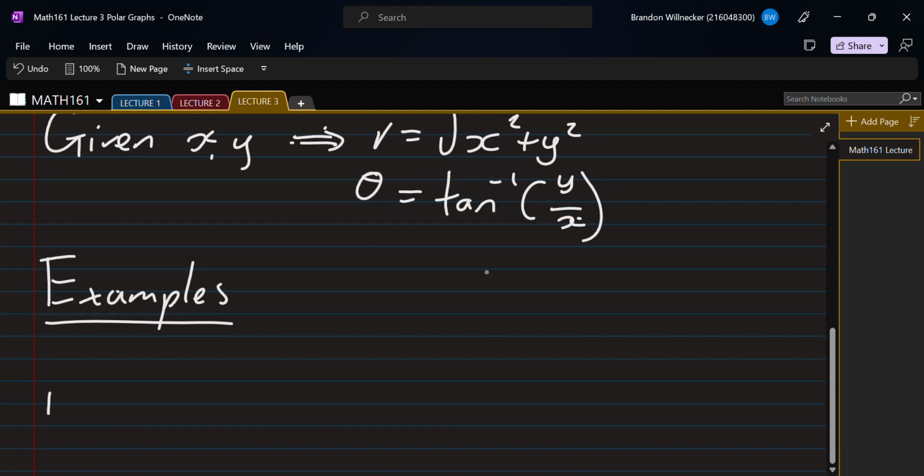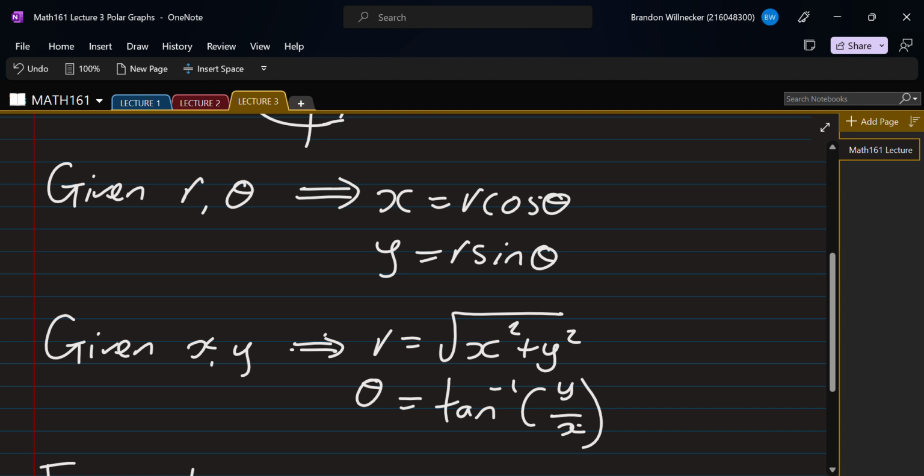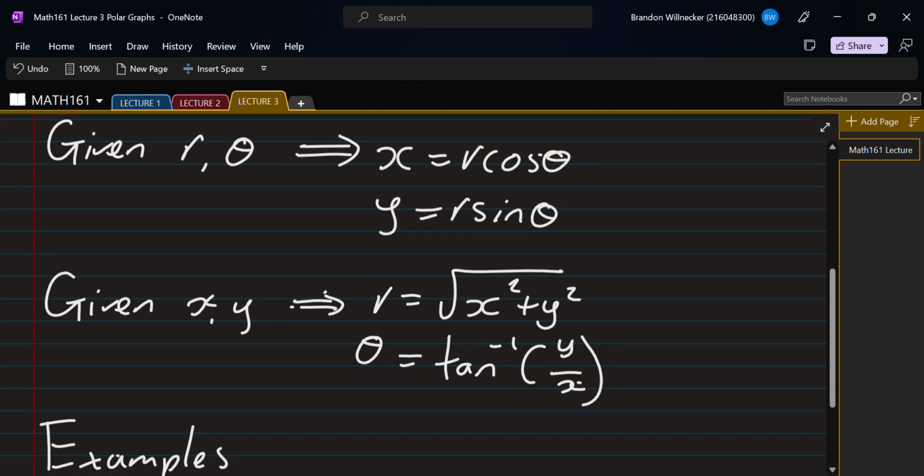So number one, we have y is equal to x squared. So we know what this looks like in Cartesian form, it's just a parabola. But what does this look like as r as a function of theta? So we're going to make these replacements. We want to go from Cartesian to polar.